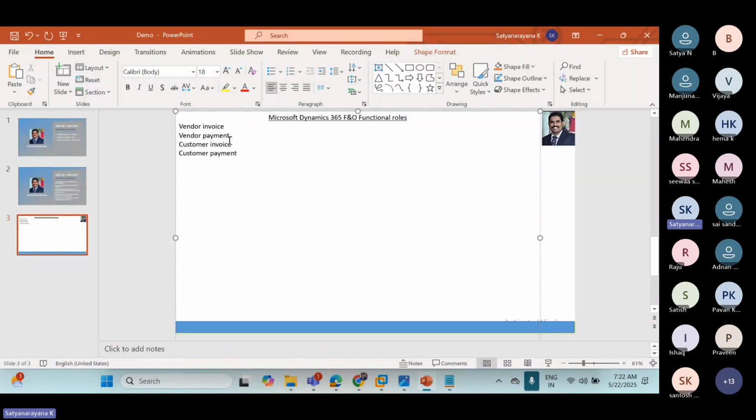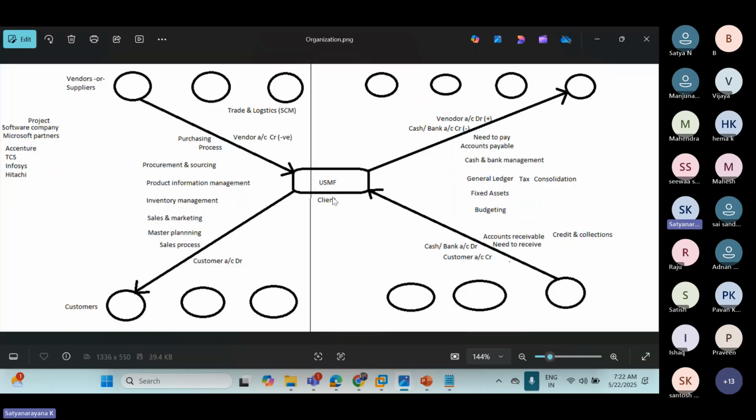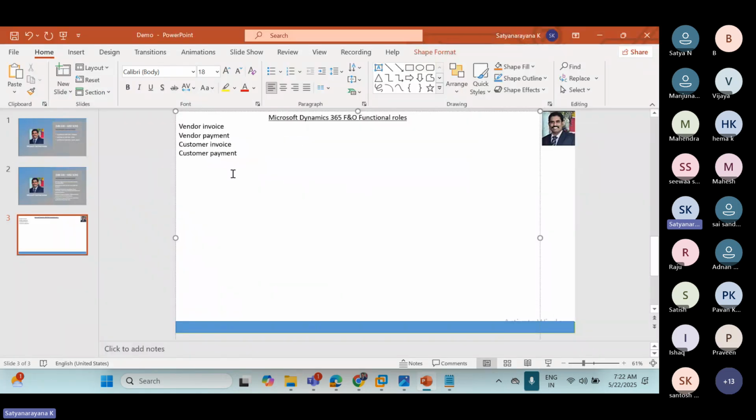So who will execute these transactions? Business users. Who are those business users? Maybe an accountant, a purchasing clerk, an accounts receivable clerk, an accounts payable clerk, a sales agent, guys with different designations. They will execute these 4 transactions.